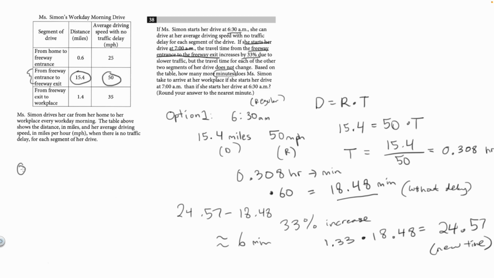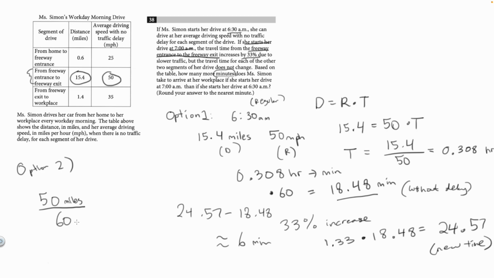And then we also have an option 2 method of this. This is going to be taking the 50 miles per hour. We have 50 miles over an hour, but it says minutes, so we can convert to minutes so it's simpler to calculate.